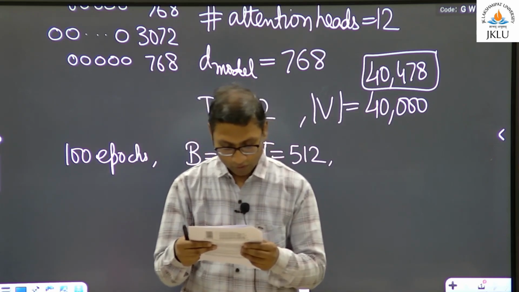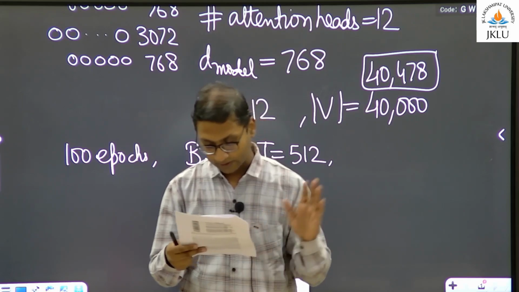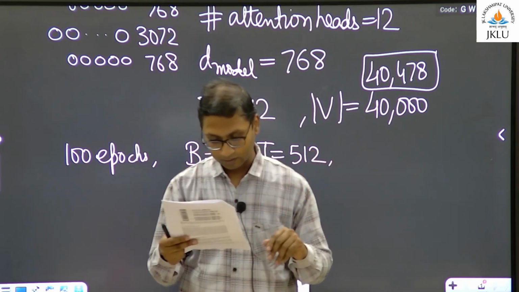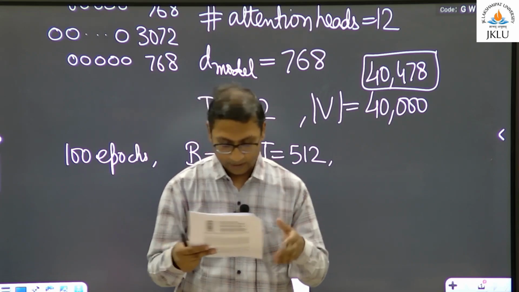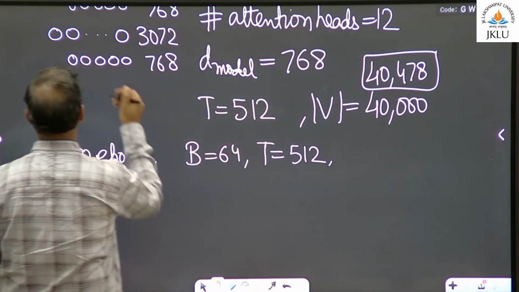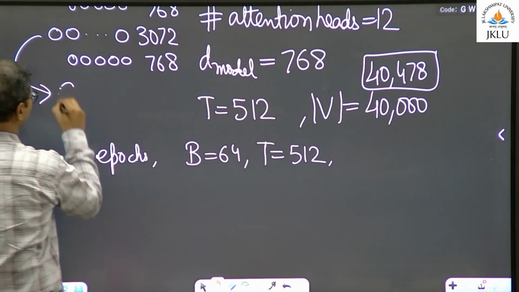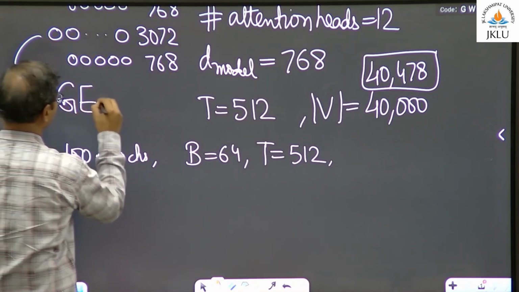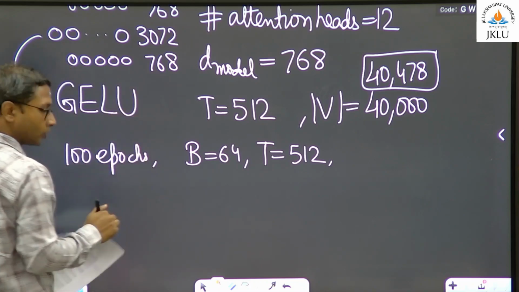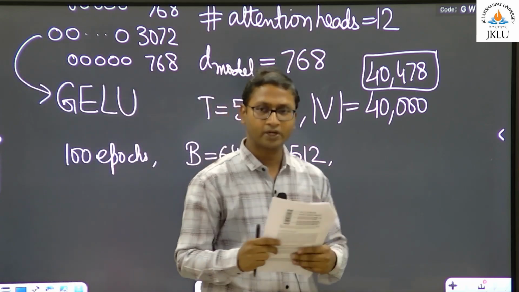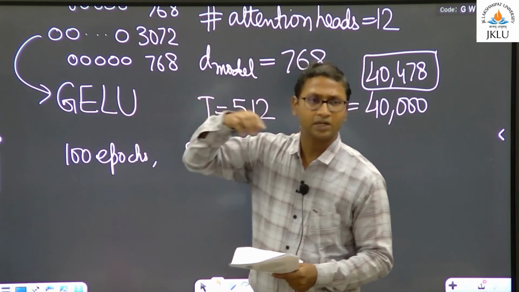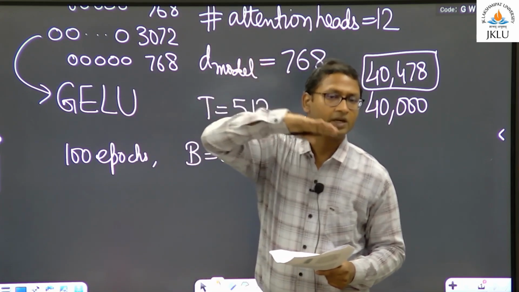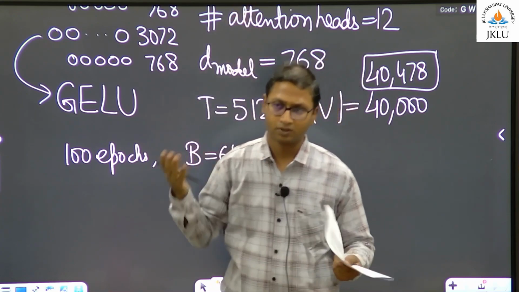And then they say we also employed a modified version of L2 regularization. And which activation function is used here? GELU. I am not going to cover this, you can go and have a look at this. This is just a continuous, I mean a differentiable version of ReLU.